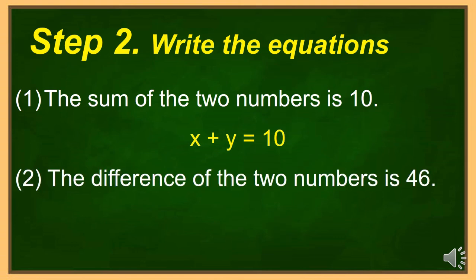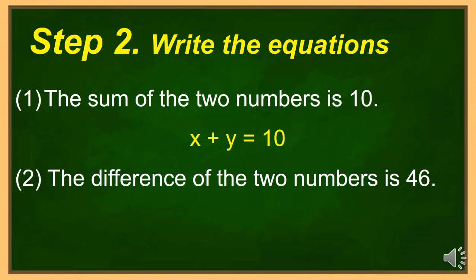Second, the difference of the two numbers is 46. Therefore, we have the number x and the number y. When we say difference, the operation between the two is subtraction.